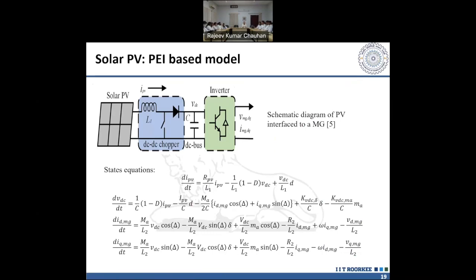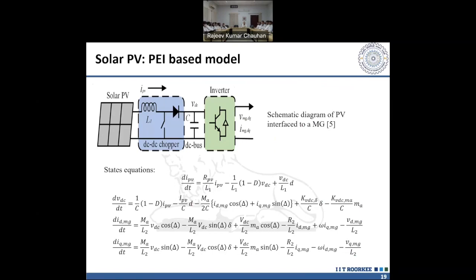Your objective is to keep this output voltage, the voltage coming at this inverter point, constant throughout the day.